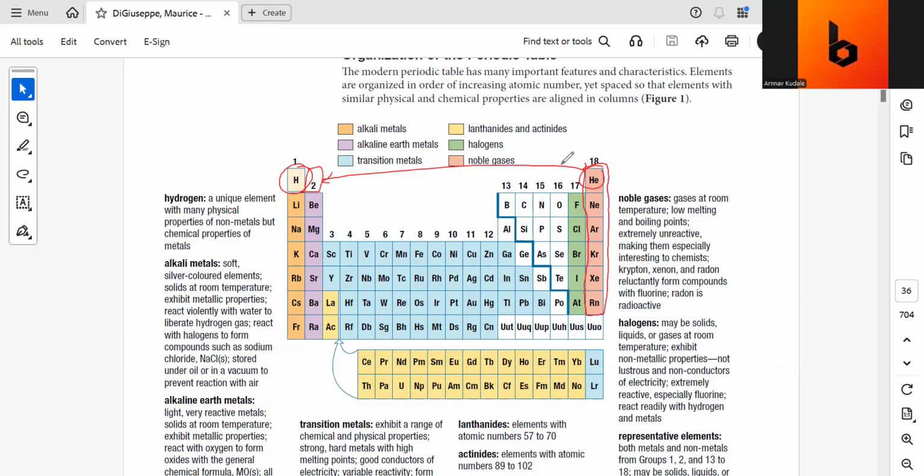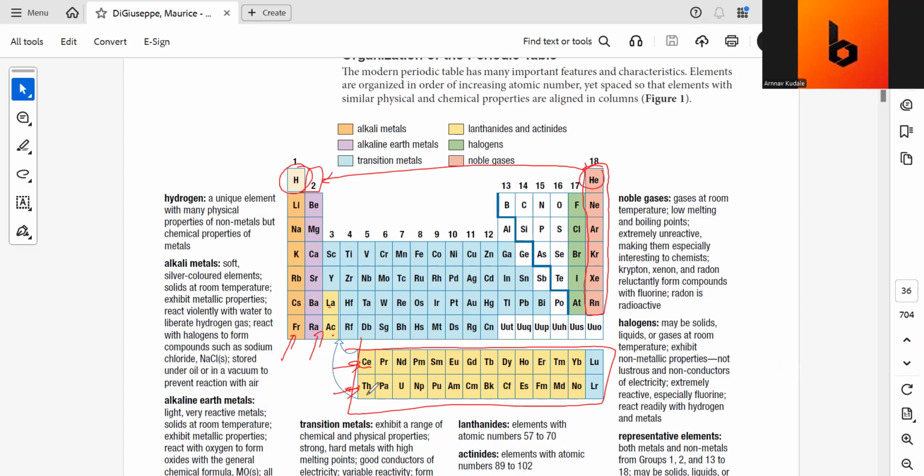But it is an s-block element. What else do I have to tell you? The first group is the alkali metals, the second is the alkaline earth metals. Then at the bottom of the periodic table are the lanthanides and the actinides. After lanthanum are all the lanthanides. After actinium, all are actinides.